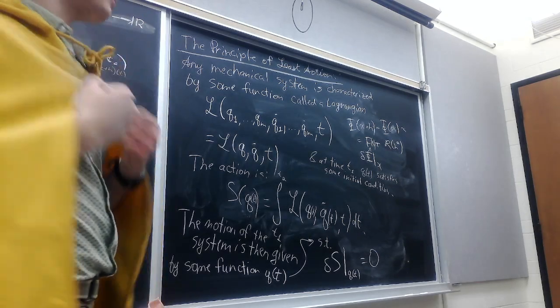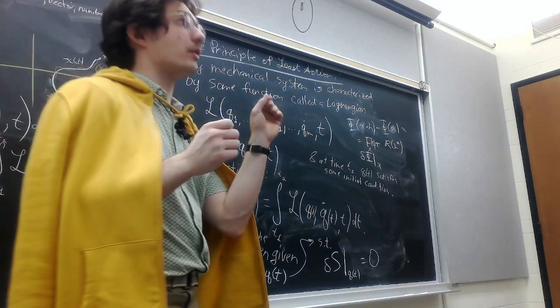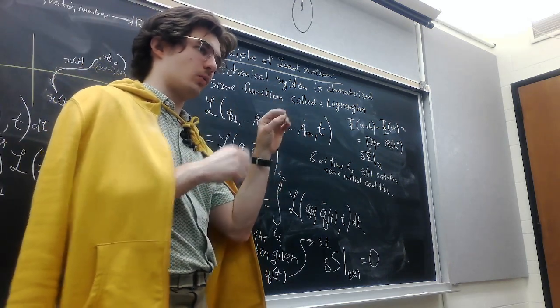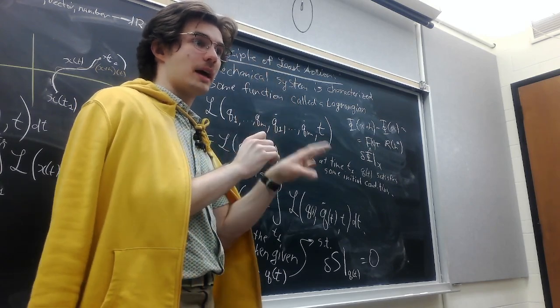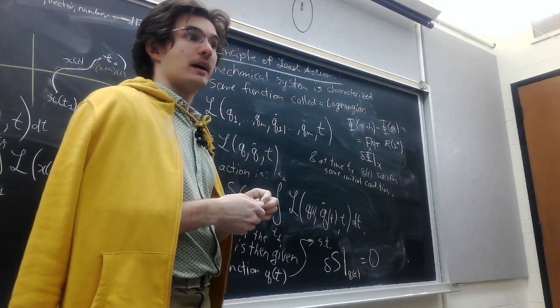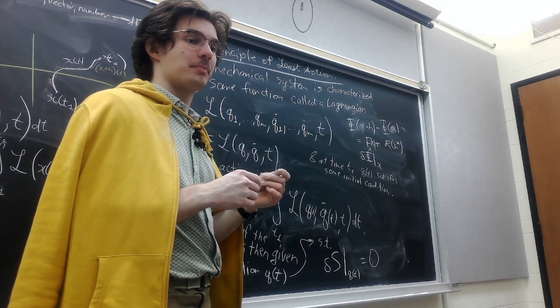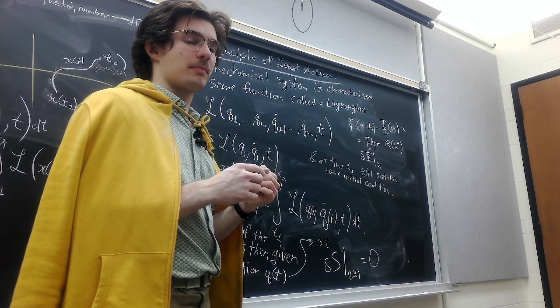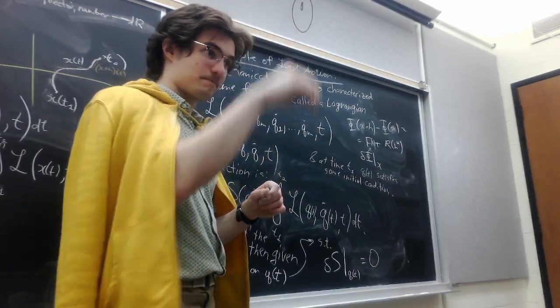And from this Lagrangian function, if I know the initial state of my system, of where all the particles are and what all of their initial velocities are, then from that and this Lagrangian function, I can figure out how the system will evolve in the future.